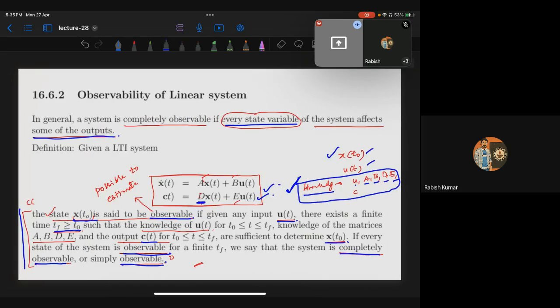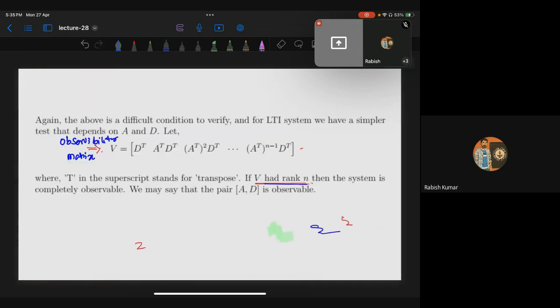Previously, controllability was only in terms of A and B. Observability is in terms of A and D.